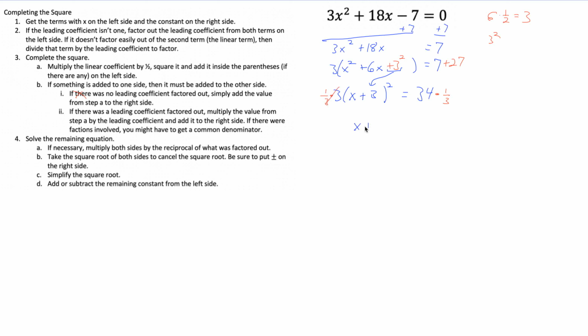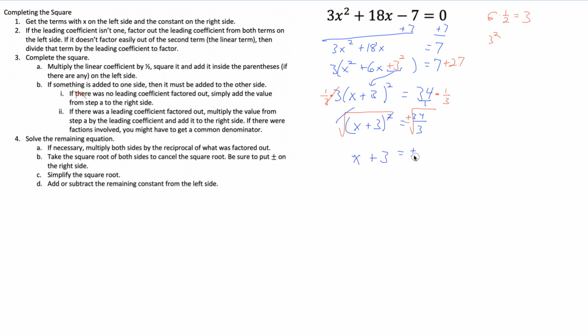So we have x plus 3 squared equals 34 over 1 times 1 over 3 is 34/3. And we're going to take the square root of both sides to cancel the square. Make sure we put plus or minus over here. And so these cancel.